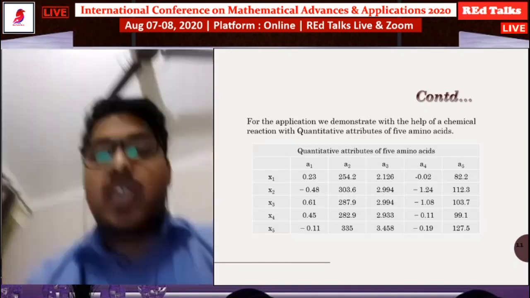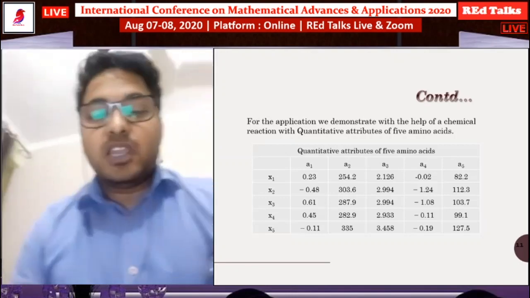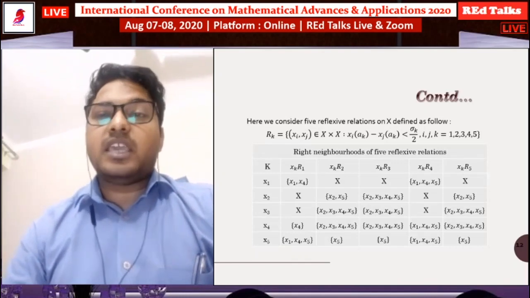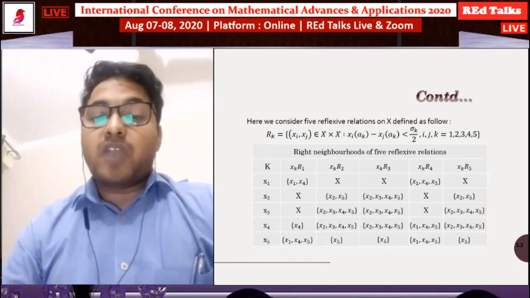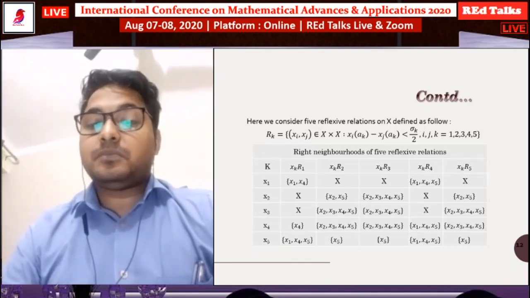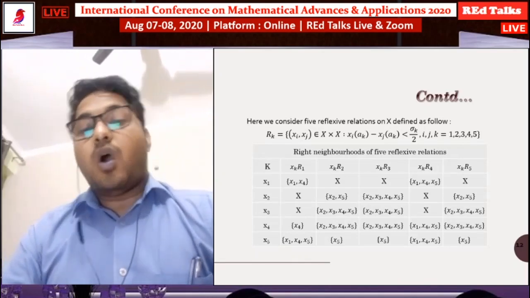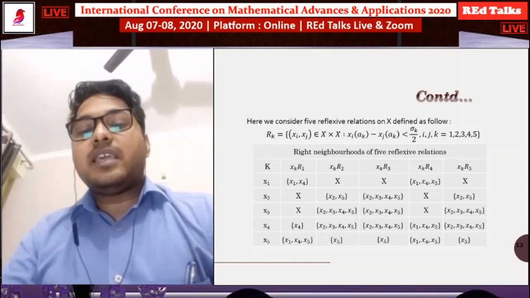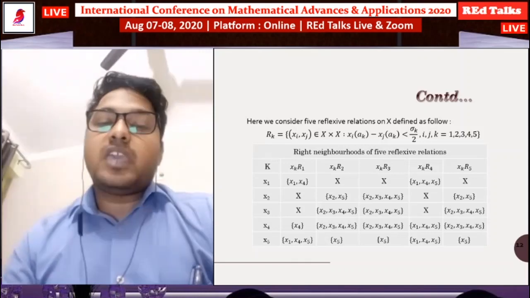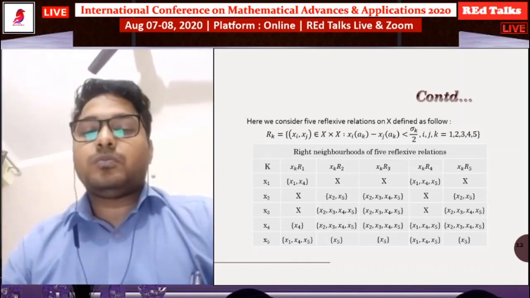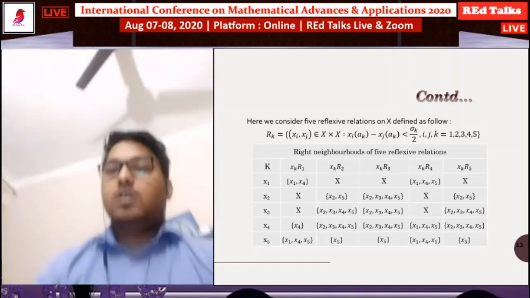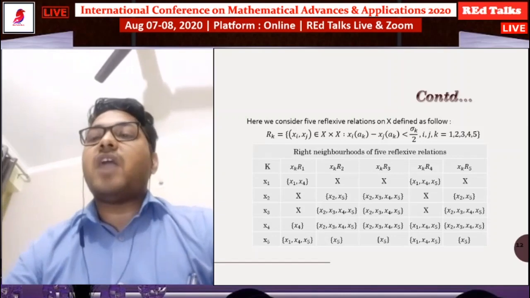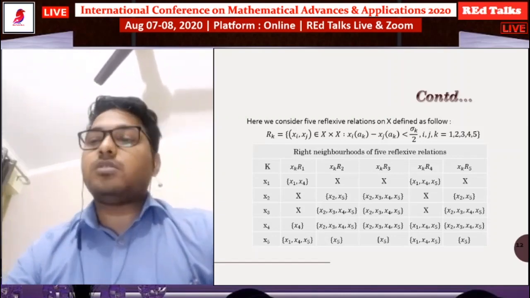Here we have defined five reflexive relations as follows. Rk is equal to the pairs (xi, xj) such that |xi(ak) - xj(ak)| is less than the standard deviation of the kth row divided by 2. And hence we have found the right neighborhoods of the five reflexive relations, which are as follows.